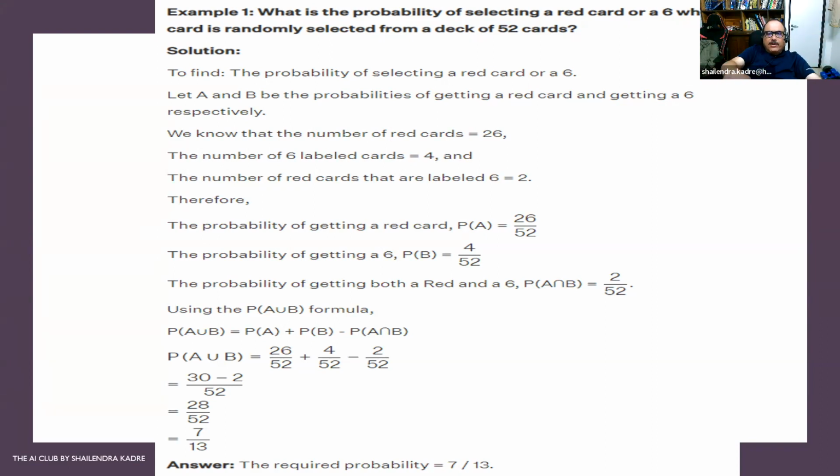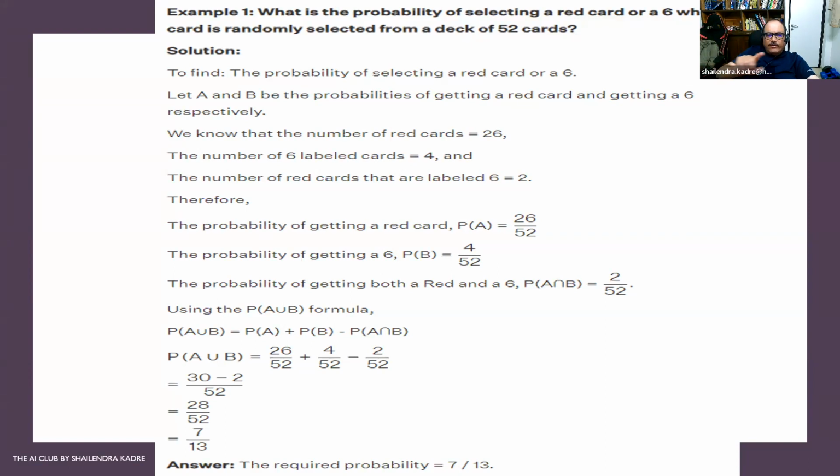So what is the probability of getting a red card? P(A) is 26 by 52, because there are a total of 26 red cards out of 52. What is the probability of getting a card with 6 of any color? That will be 4 by 52, because there are 4 cards with a 6 on them, one of each color.